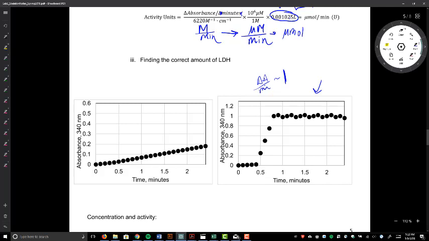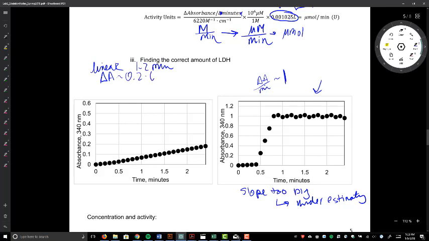And what happens is this slope is too big to accurately quantify the rate of the reaction, and you're actually going to end up underestimating the rate, because again, we want to see the reaction be linear for 1 to 2 minutes, and we're shooting for a change in absorbance of like 0.2 to 0.3 A per minute.